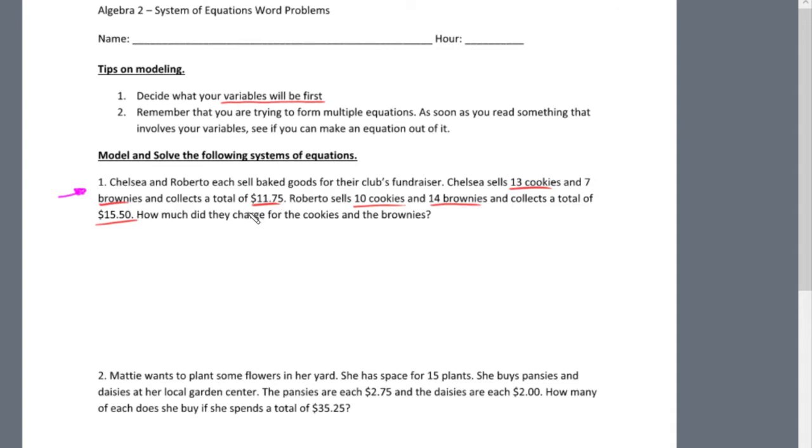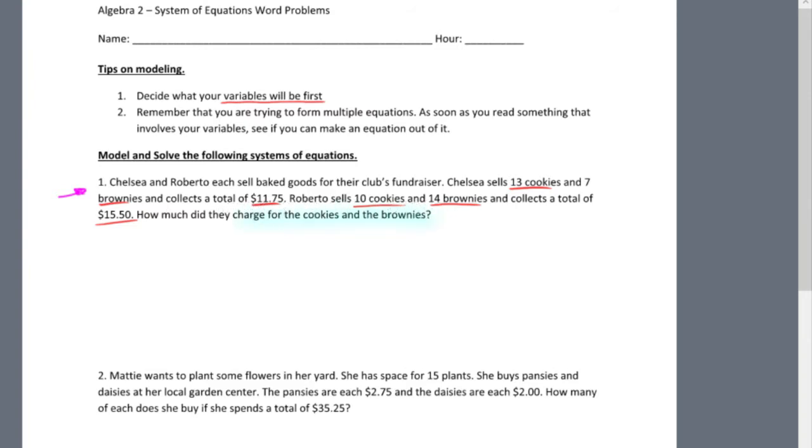All right, and that's definitely true in this problem here. When you read the word problem, you want to read it start to finish first. And then you want to figure out what you are being asked, because word problems always ask you something, or multiple things, because sometimes they're tricky. This one asks specifically, how much did they charge for cookies and brownies?